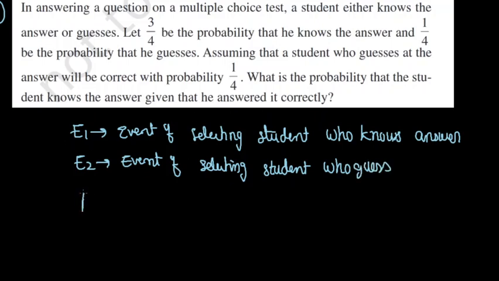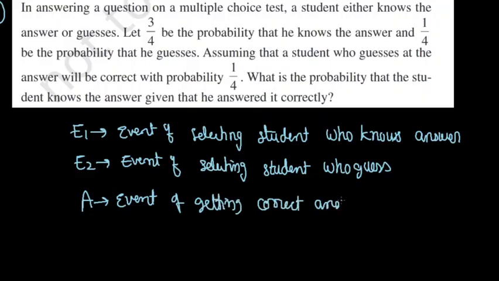Here there is a conditional probability, where the answer should be correct. 3 by 4 is the probability of knowing the answer, 1 by 4 the probability of guessing, assuming the student who guesses will be correct. So A is the event of getting the correct answer.